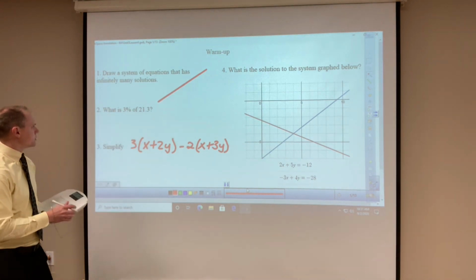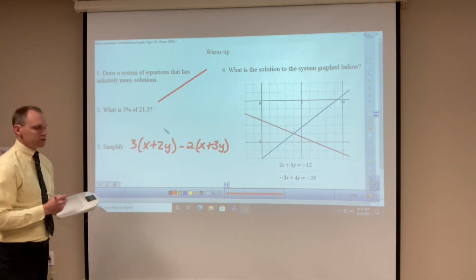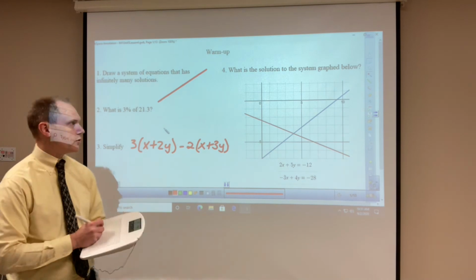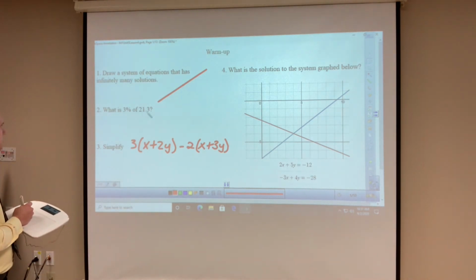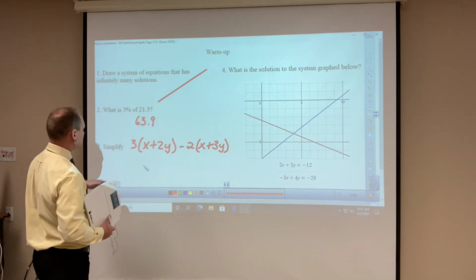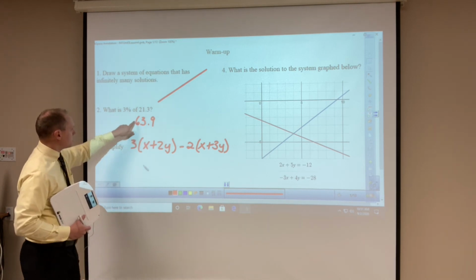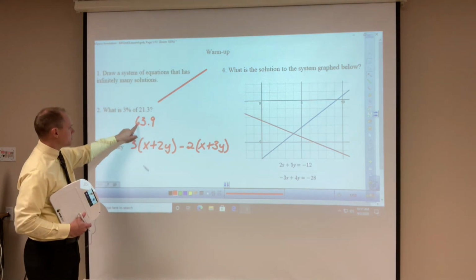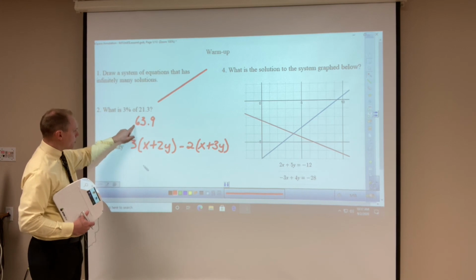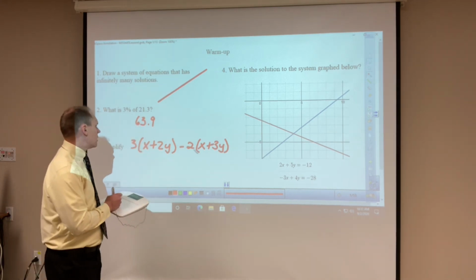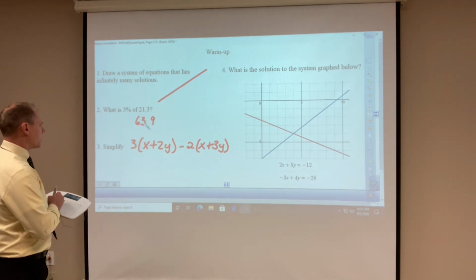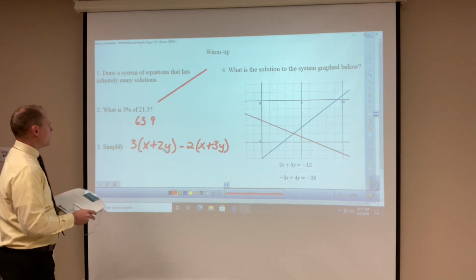Number 2, what is 3% of 21.3? Let's multiply the 2 numbers involved, 3 and 21.3. See, 3 times 21 is 63, and then 0.3 times 3 is 0.9. And so it's either going to be 63.9 or 6.39 or 0.639. It's not going to be 63.9, right? Because that would be way too much.